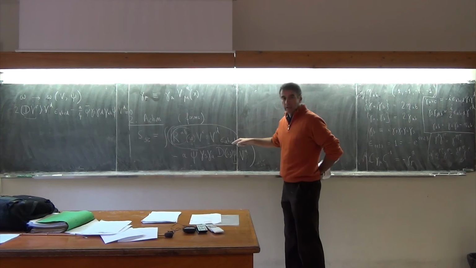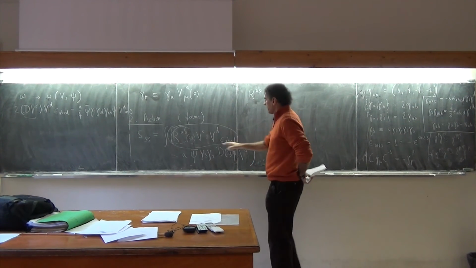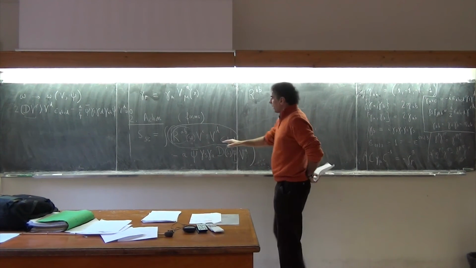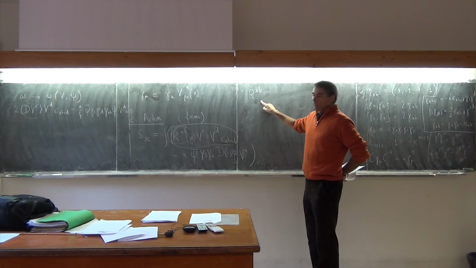But I'll do it here on the action. So what you have to write down is R^AB, V^C, V^D. This is a 4-form. Now this 2-form, I can expand on a field-bind basis.